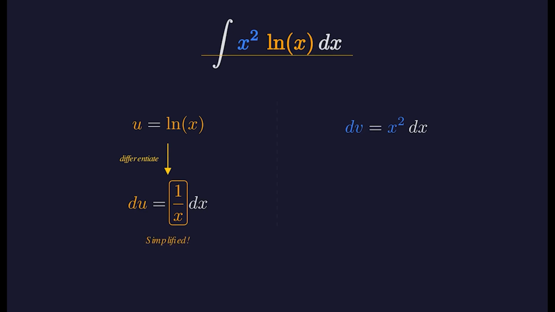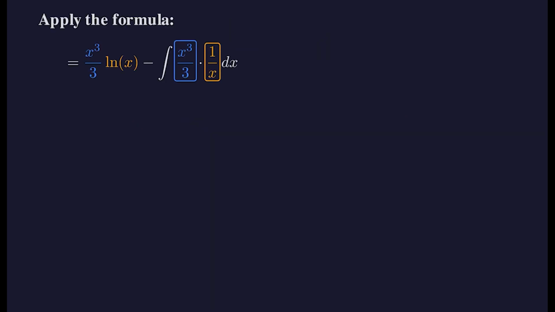Because of that, when we do v du in our formula, it simplifies so much better. It's beautiful, because as you can see, that 1 over x perfectly aligns with x cubed over 3 to form a simple integral. And what is that simple integral?